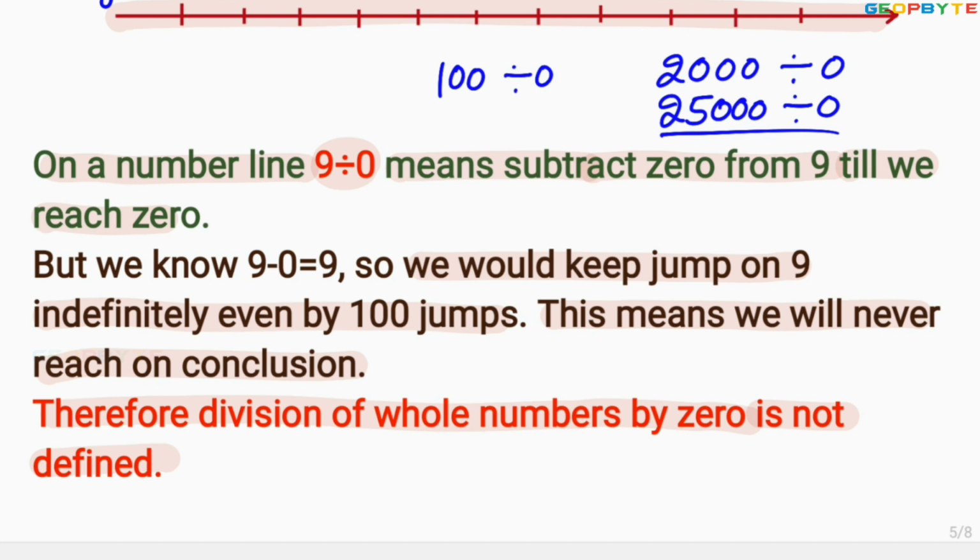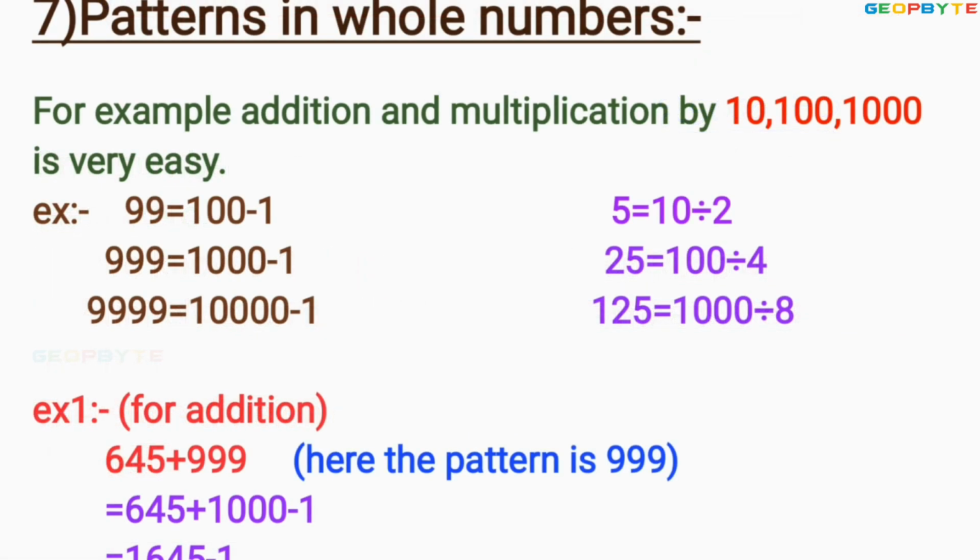Now let us move to the last property of whole numbers, that is patterns in whole numbers. Look at the patterns in whole numbers. Dear students, as we know, it is very easy for you to add or multiply with 10, 100, 1000, etc. For example, if the number given is 99, you can write 99 as 100 minus 1.